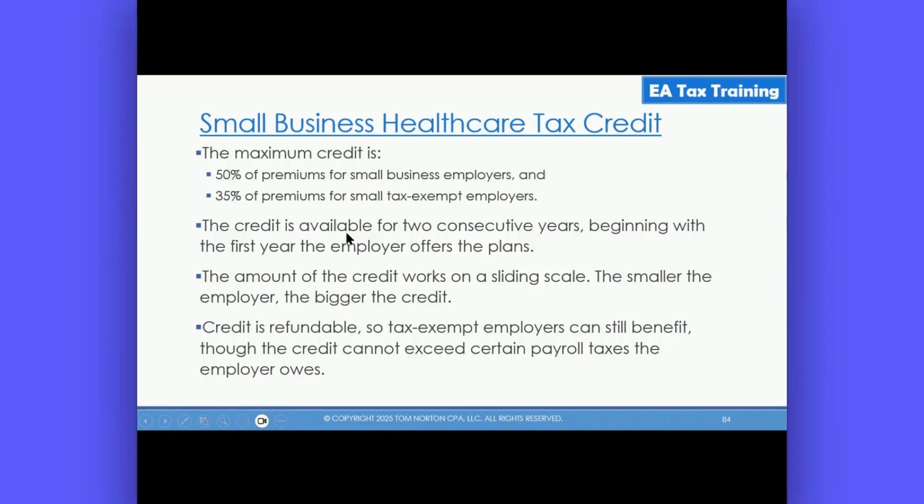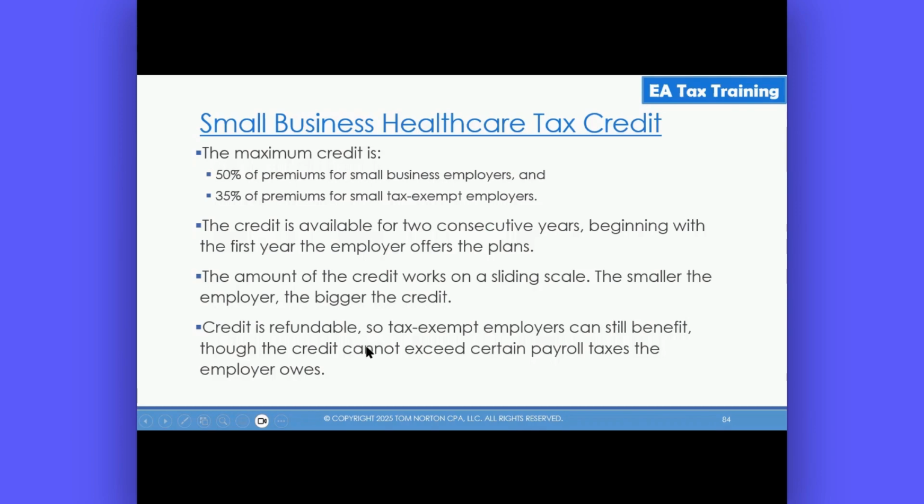The credit is available for 2 consecutive years, but only for 2 years, beginning with the first year the employer offers the plans. The amount of the credit works on a sliding scale. The smaller the employer, the bigger the credit, and the credit is refundable. So that's why tax-exempt employers can use this. Tax-exempt employers, of course, aren't paying income tax, but the credit is refundable.